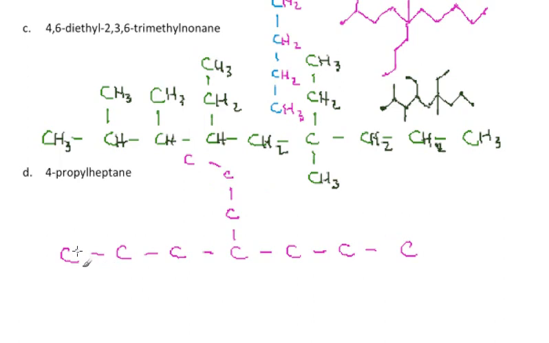And now we do hydrogen. 3 bonds used, 1 left. 2 bonds used, 2 left. 2 bonds used, 2 left. 1 bond used, 3 left. 2 bonds used, 2 left. 2 bonds used, 2 left. 1 bond used, 3 left.